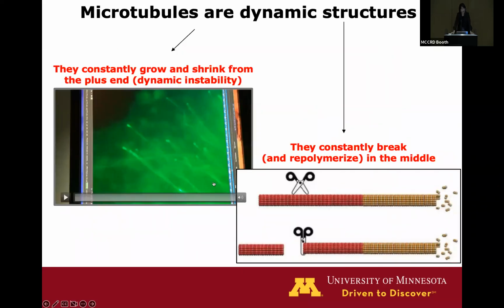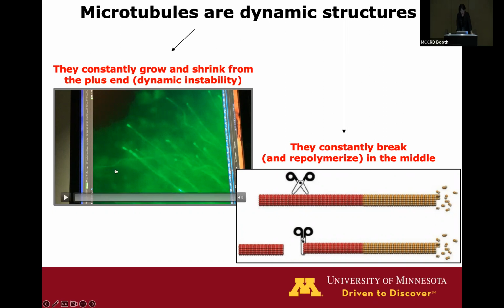Microtubules are dynamic structures, so don't think of microtubules as something that is built and stays that way. They constantly grow and shrink from the plus end, undergoing what is called dynamic instability.